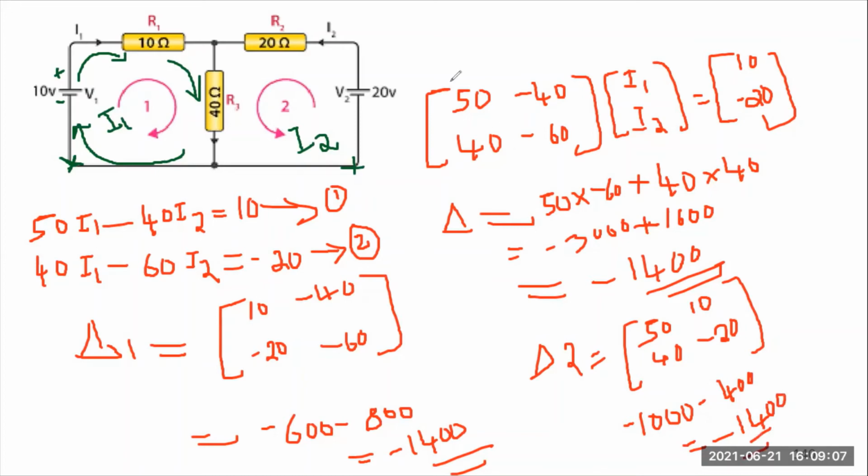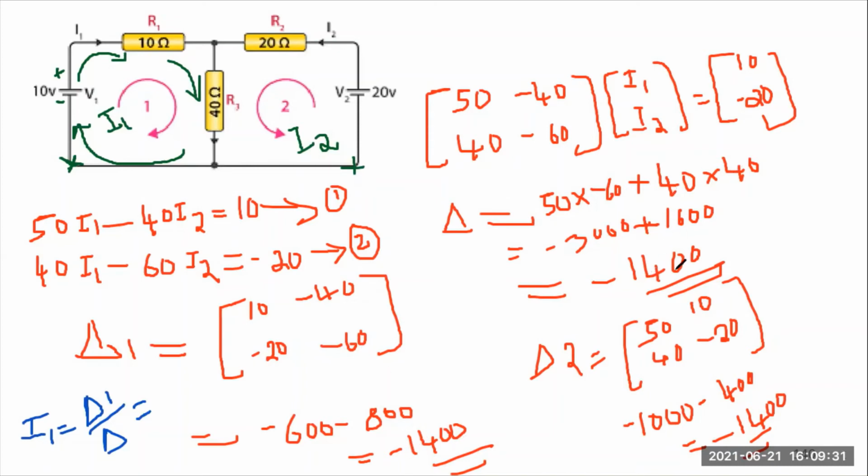Now let us apply Cramer's rule for finding the solution. I need to calculate I1. I1 is equal to delta 1 divided by delta. What is delta 1? Delta 1 is equal to minus 1400.